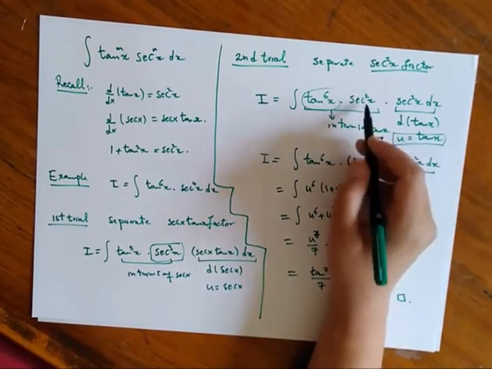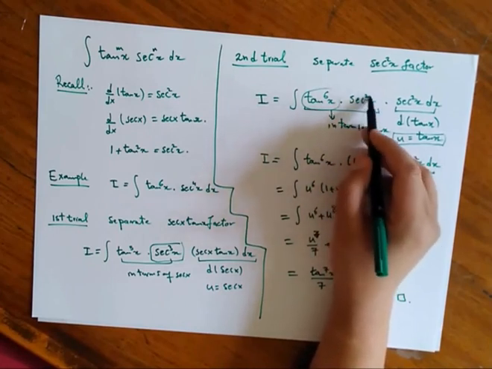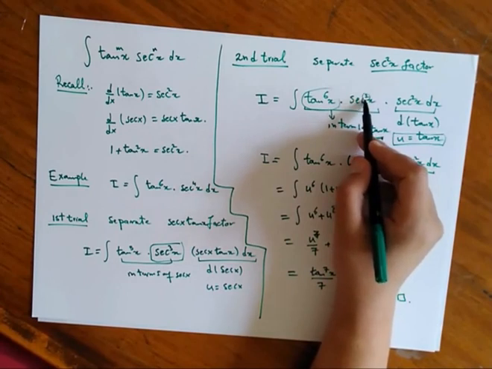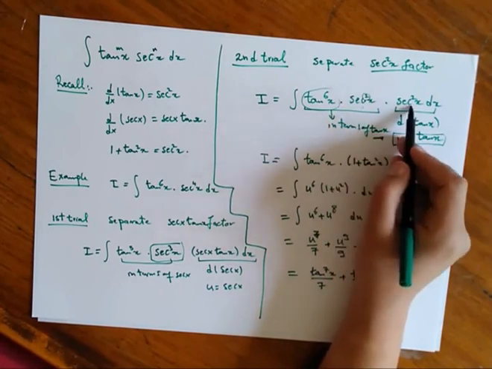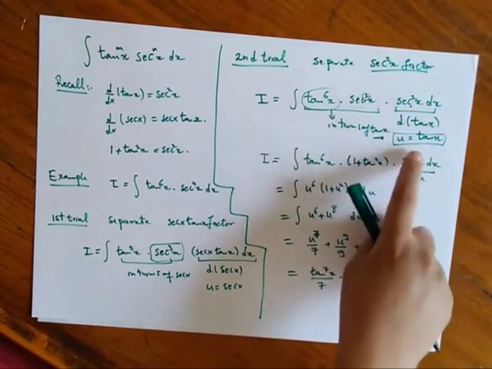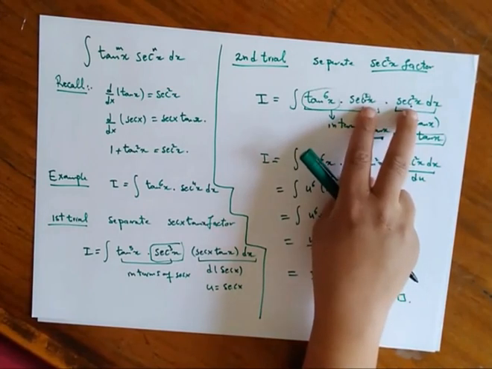To do that, the rest of the secant should be with an even power. I already took the secant squared here. So to be able to solve by using this substitution, you have to have the secant with an even power.